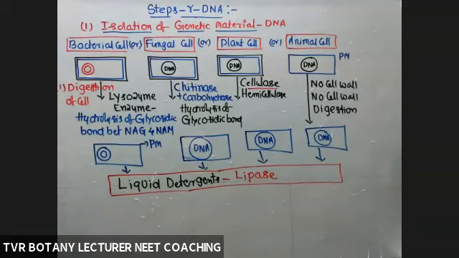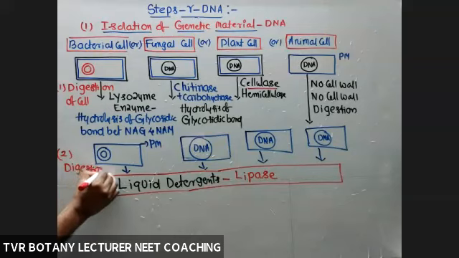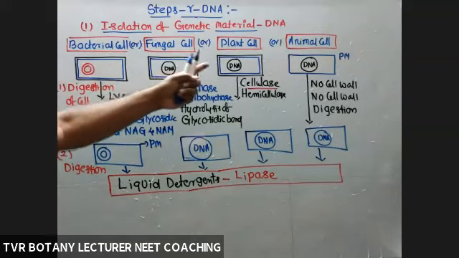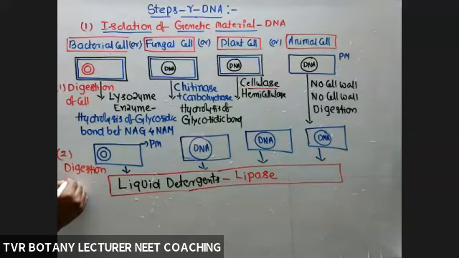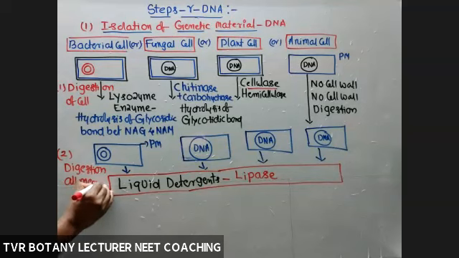So what about this step? Second step is digestion or removal of living boundaries. Dead boundaries removed: cell wall. Digestion of cell membranes, all membranes, cell membrane, nuclear membrane also.